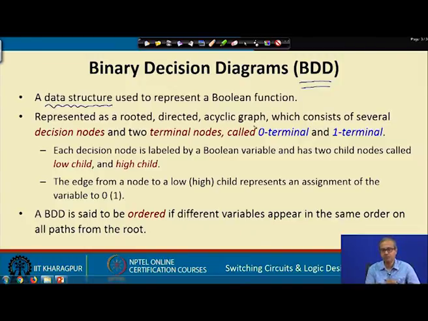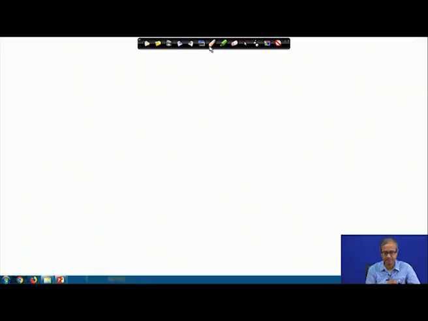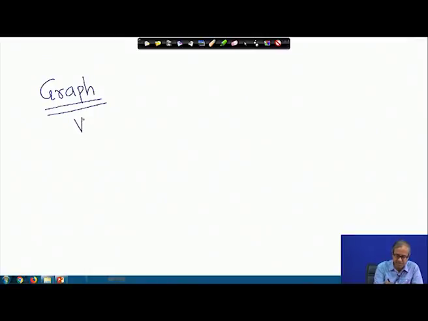Now, for those of you who are not familiar with graph, let me give you a brief introduction to a graph. So, you see, a graph essentially consists of a set of vertices and a set of edges.